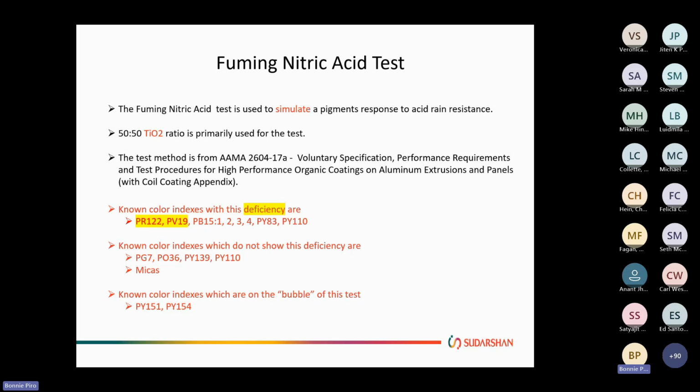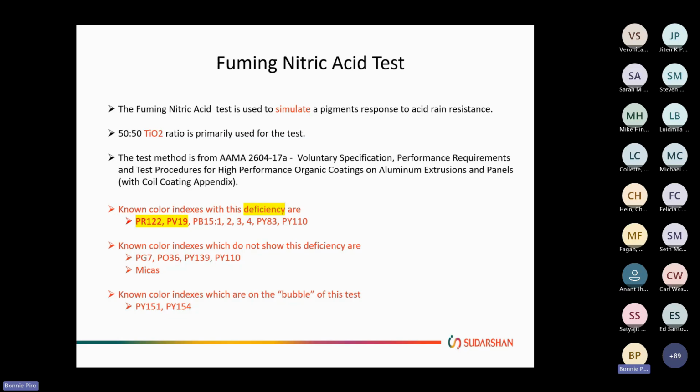In doing this test, we take a look at a 50-50 TiO2 ratio, and we've identified a number of color indexes that are very deficient with respect to this particular property. There are some that don't have this property, and there are some that I would say are probably on the bubble of this test. From a quinacridone perspective, both the Violet 19 and the Red 122 do show a deficiency with this particular test.